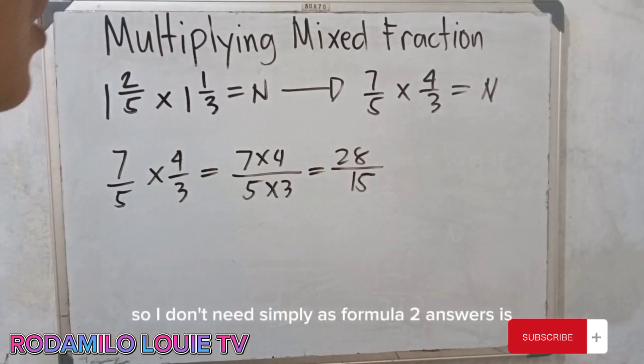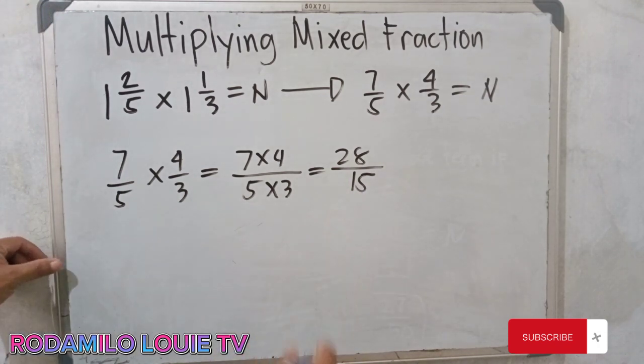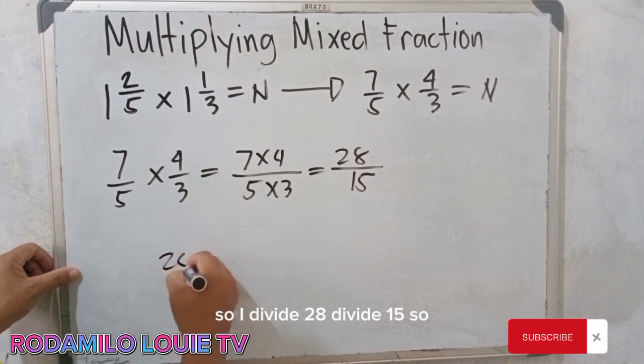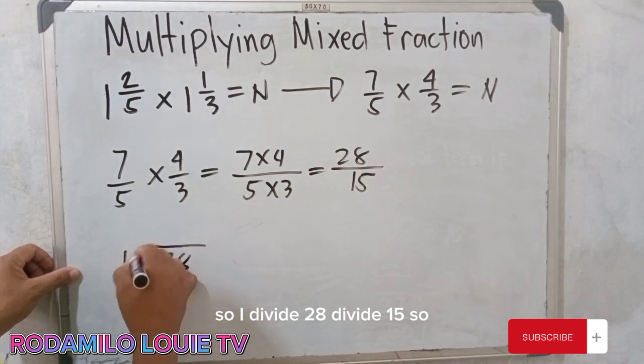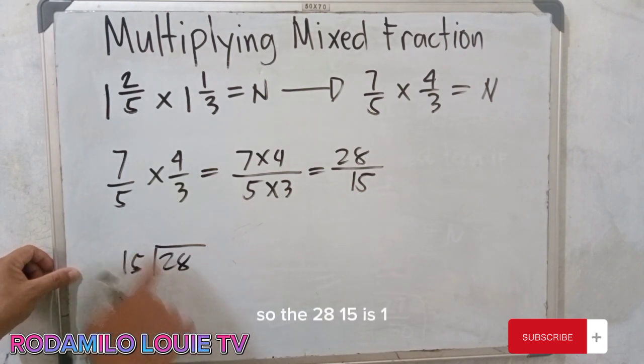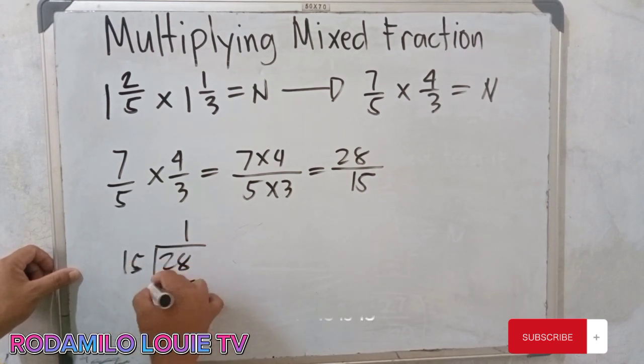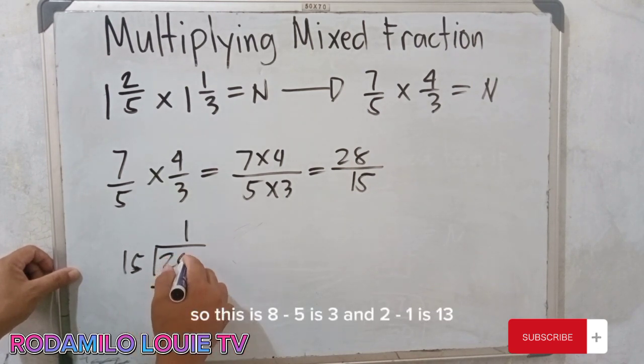So, atong i-simplest form ang atong answer since that is improper fraction. So, atong i-divide 28 divide 15. So, 28 divide 15 is 1. So, 1 times 15 is 15. So, let's subtract. 28 minus 15 is 13.